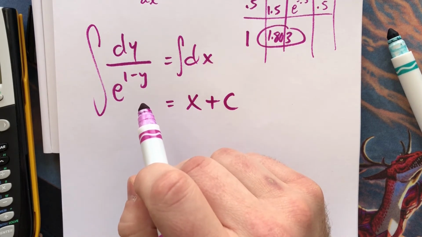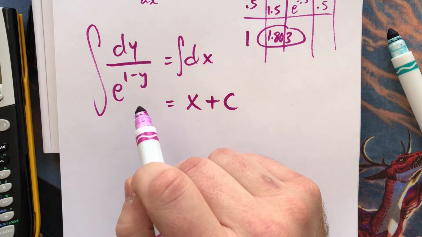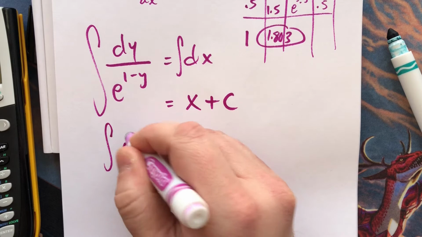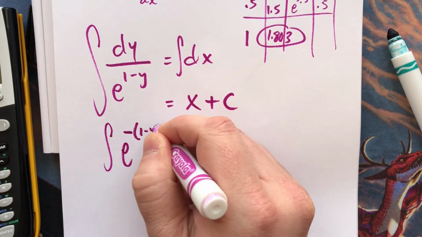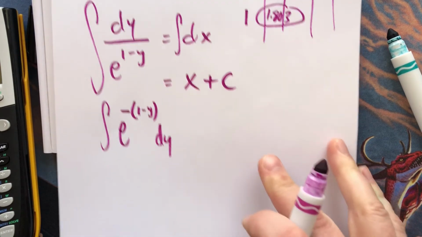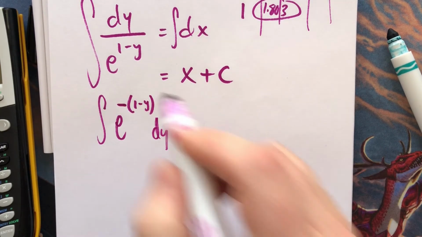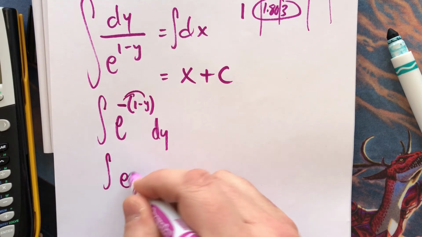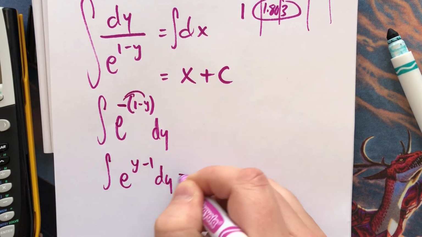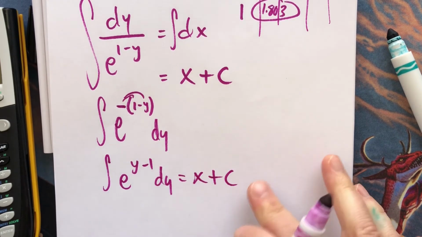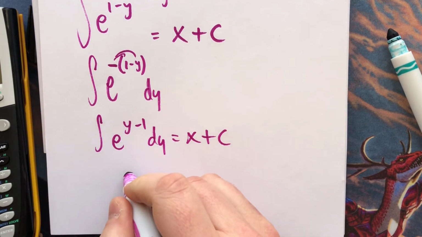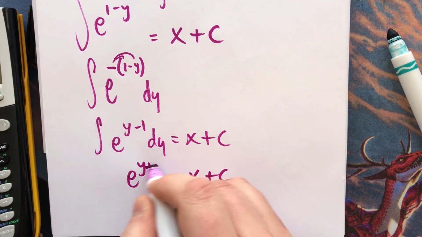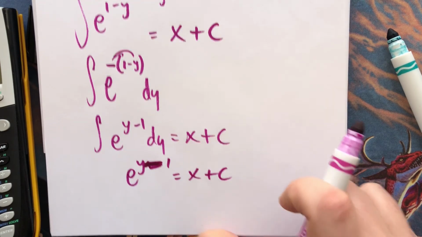The left-hand side, though, instead of saying 1 over e to the 1 minus y, I'm going to say that this is e to the negative 1 minus y dy. I'm going to distribute that negative now, and I'm going to say this is the integral of e to the y minus 1 dy. Now I've got a pretty nice integral over here. So e to the y minus 1 is equal to x plus c.